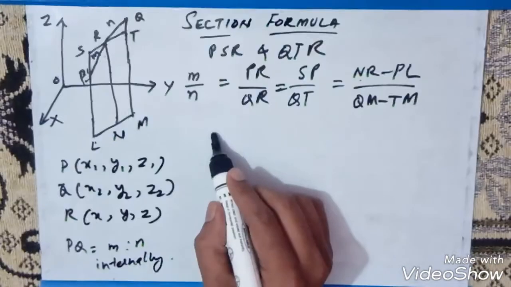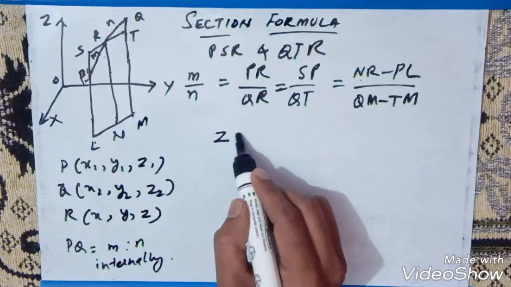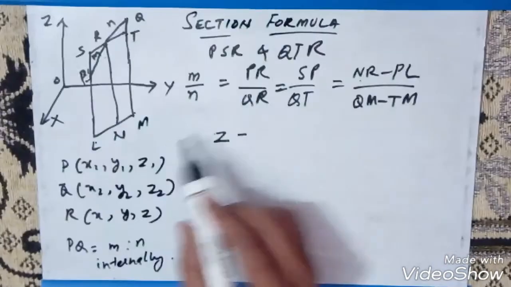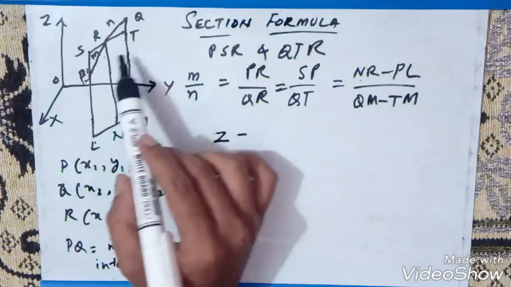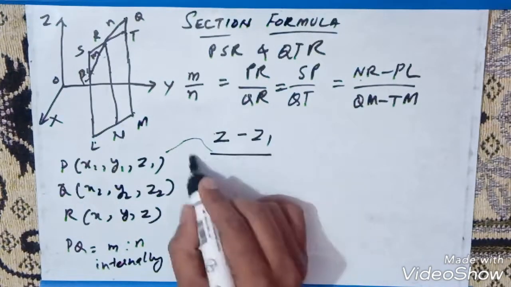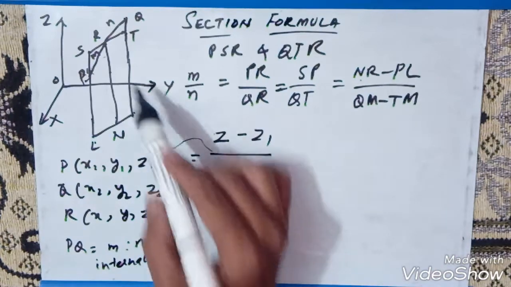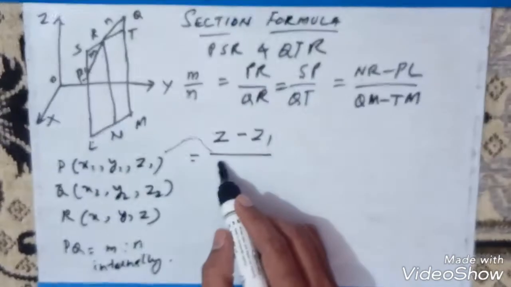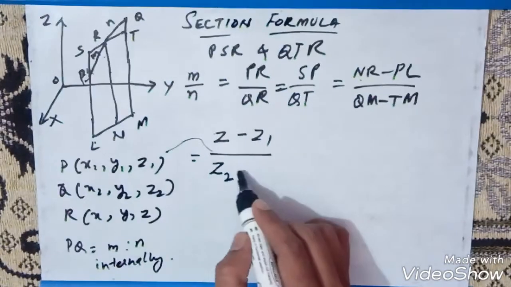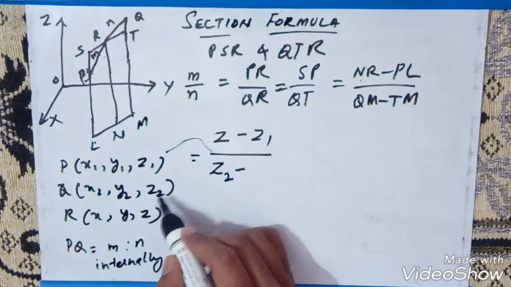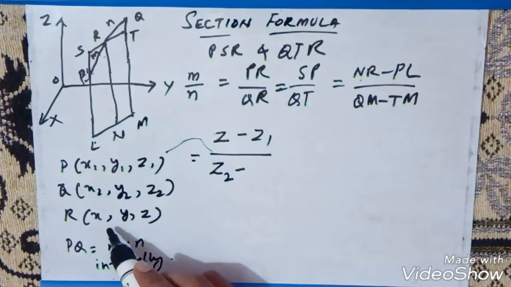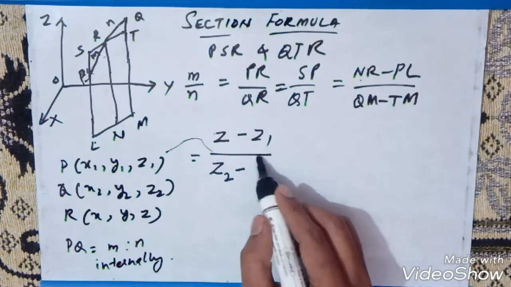Since it is along the z axis, NR is z, so z minus PL. PL, since P is the point 1, we can write z1, and QM is also z, the second point z2, minus TM. TM is along this axis, it will be z.